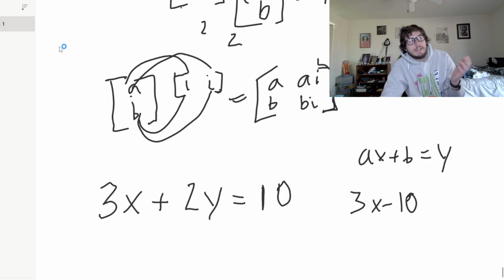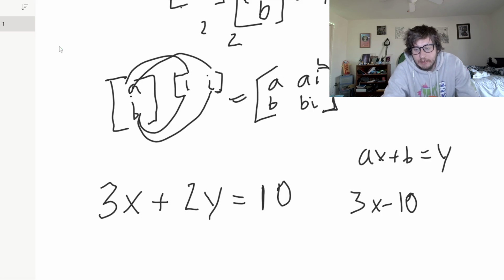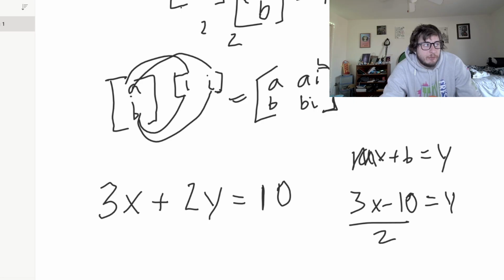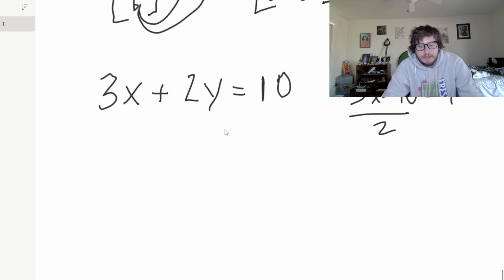Like y equals mx plus b. Make that mx plus b equals y. So this is like that over 2. It's the same thing rearranged, okay? Because it's 3.5x minus 5, or 3 over 2 x minus 5 is y. And then we're rewriting this like this, okay?